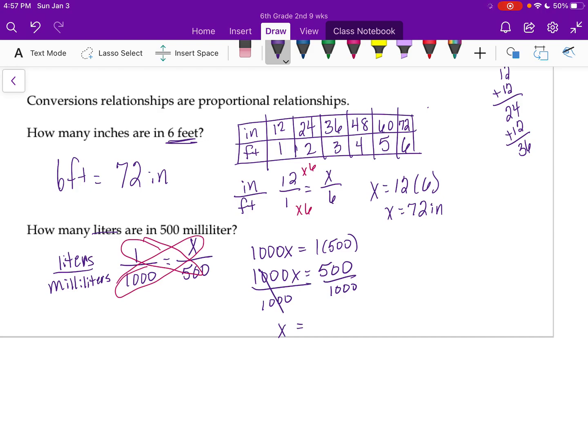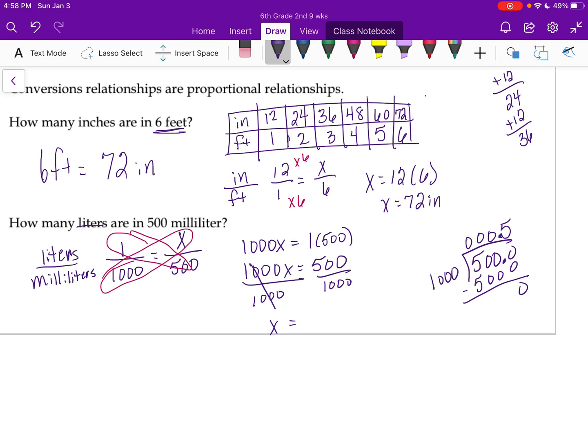So it's 500 divided by 1,000. And we do numerator in, denominator out. So 1,000 cannot go into 5, 1,000 cannot go into 50, 1,000 cannot go into 500. Bring up my decimal. 1,000 can go into 5,000 5 times, 0 left over. So our x is 0.5 liters.